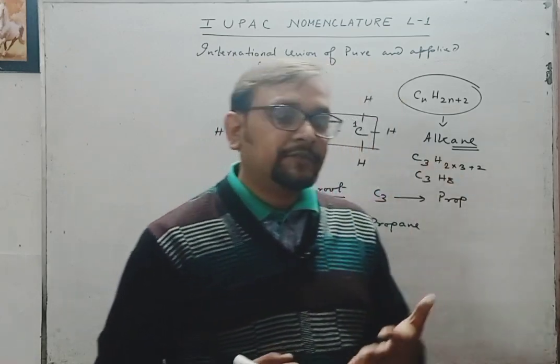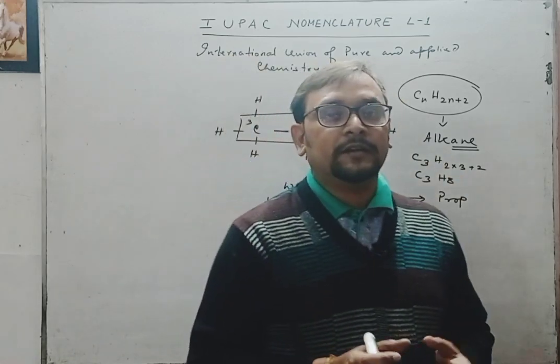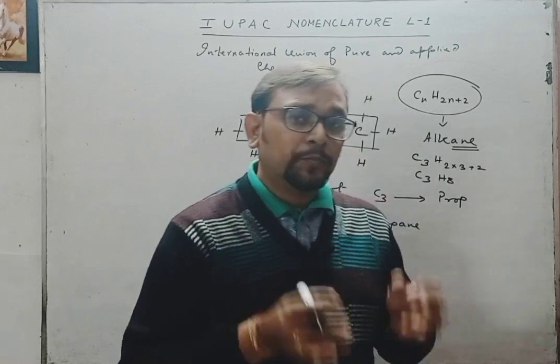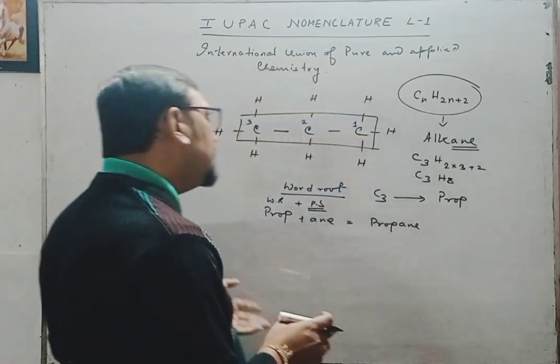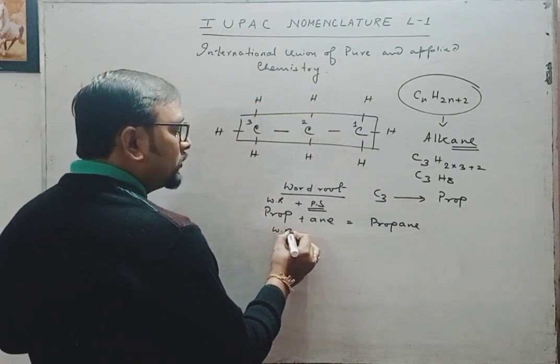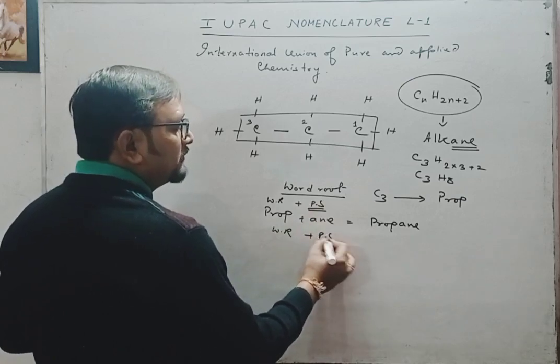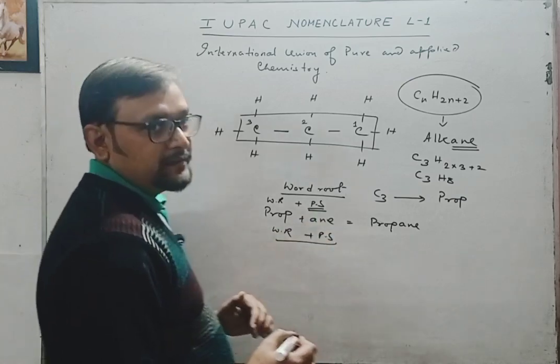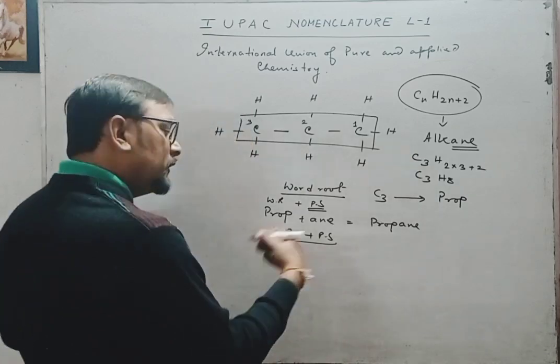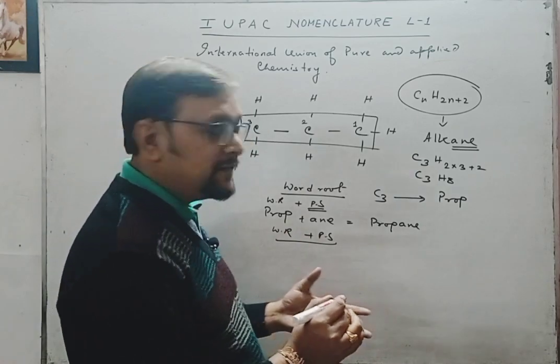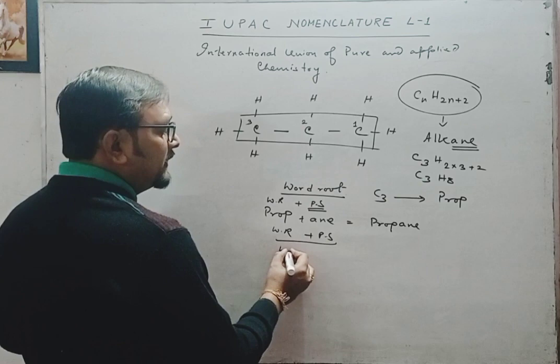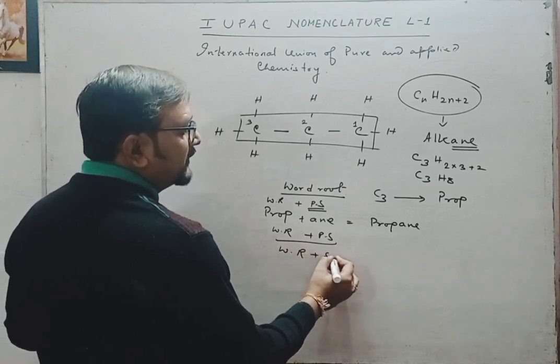So this is how we can start. If no substituent and no functional group is given, you directly write the word root and the primary suffix. Or if a functional group is given, then also directly write the word root plus secondary suffix.